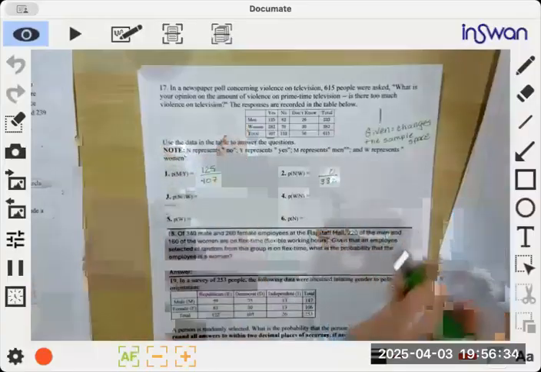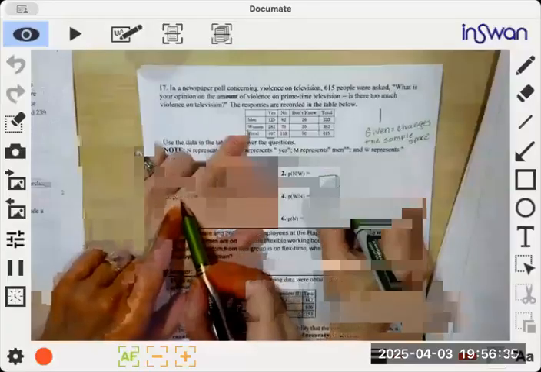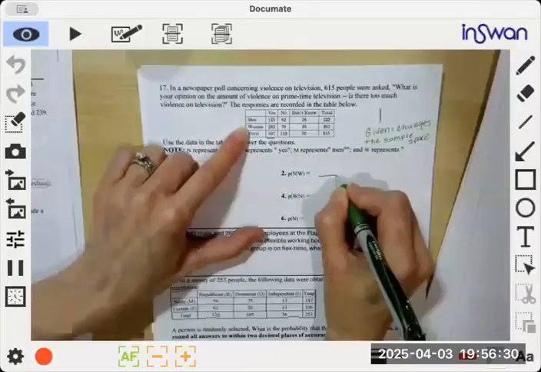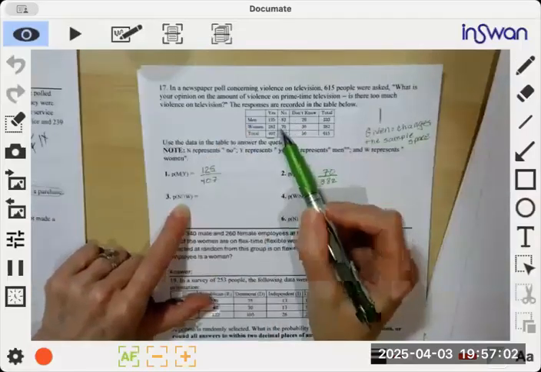And that would be 70. All right, now we just have an intersection. So where does N intersect W? N intersect W is 70.